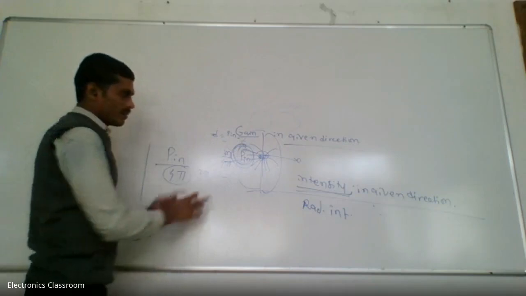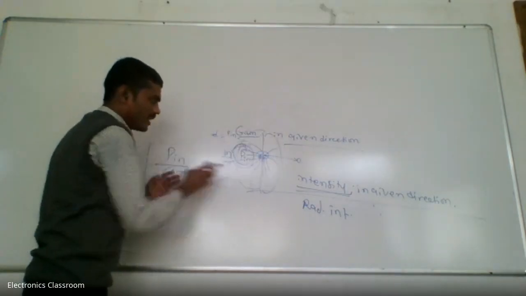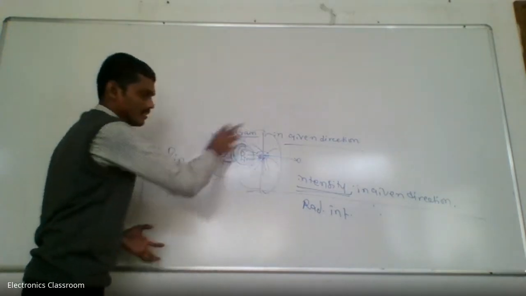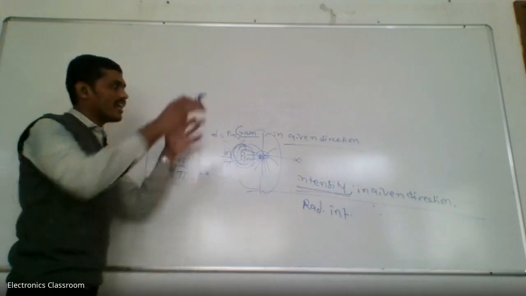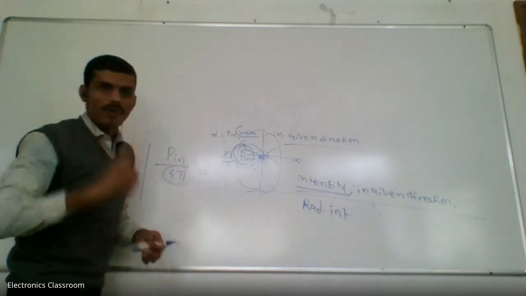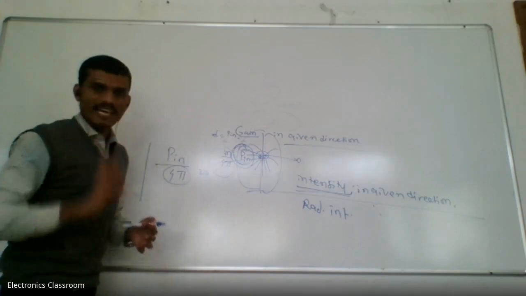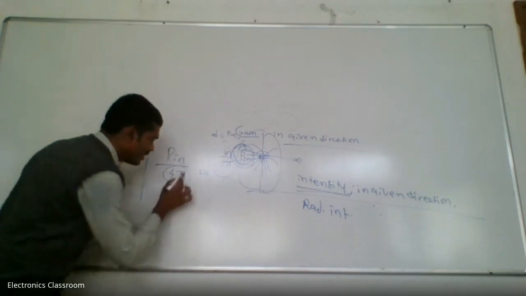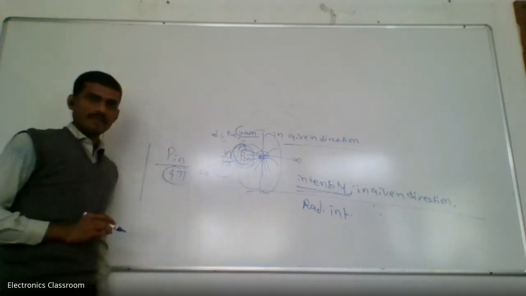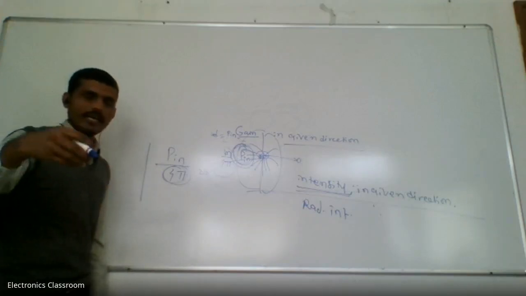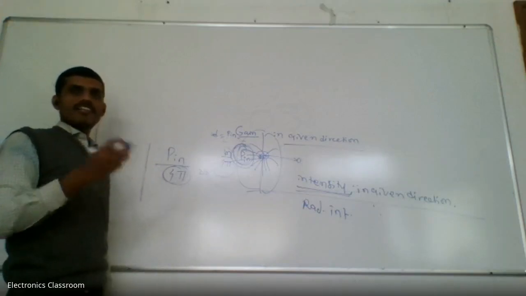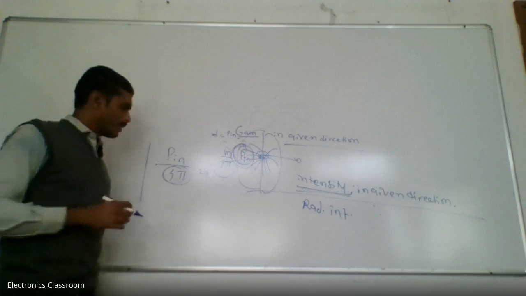Is that clear? 180 degree, another 180 degree, and now this is not a circle, this is a cube, for example a ball, a solid angle. So we are taking 4 pi for the solid, and we are calculating an angle for the solid material, that is radians. Okay.